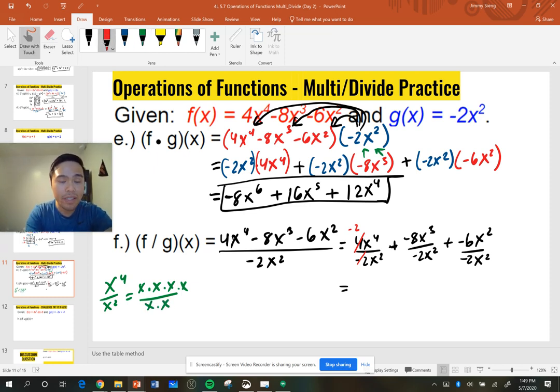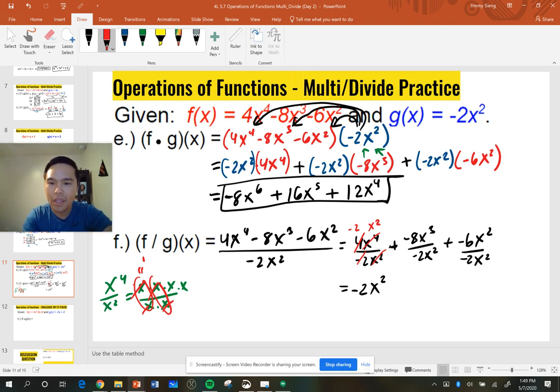Well, remember, when we're dividing things, we can take these groups, and those really turn into 1, don't they? So in essence, they cancel out. And you're left with x squared there. So again, if I was to solve this, we get negative 2x squared, because technically this goes away and this goes away into x squared.